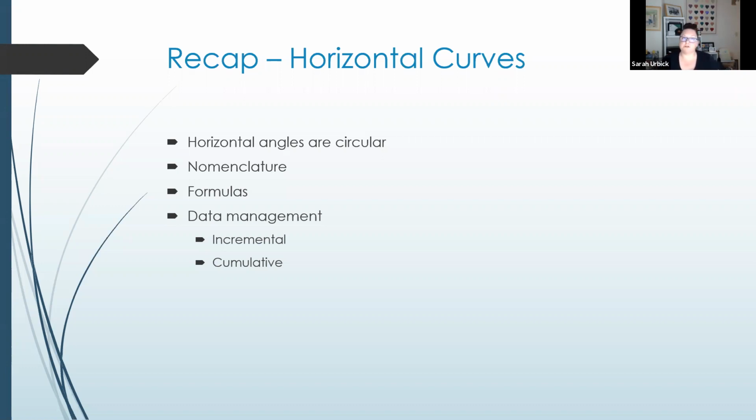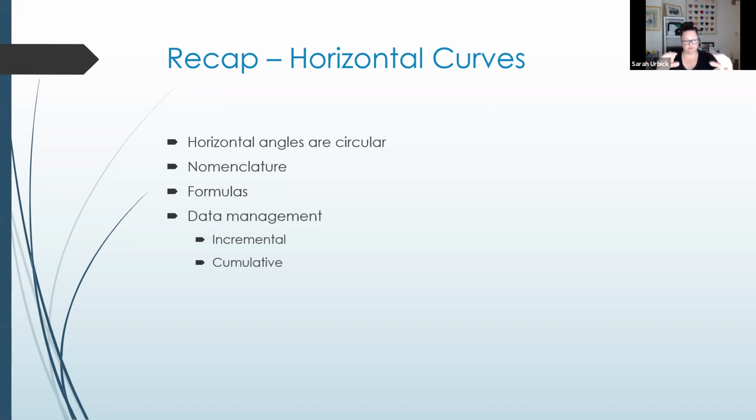We went through the nomenclature, point of curvature, point of tangent, point of intersection, form part of our triangle. We get this little diamond shape out of our systems. We looked at the formulas, how to use our various properties, right? Given our information, most of it boils down to find the radius, find the interior angle, and the world is your oyster. You can find all that subsequent information, create your tables for your data management, your incremental data.